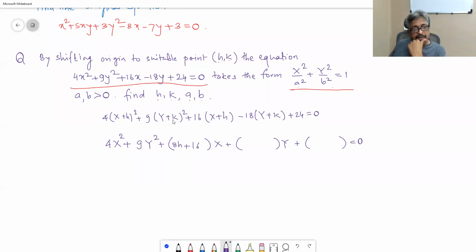Then 18k minus 18. And constant is 4h square plus 9k square. I think I need bigger bracket. 4h square.